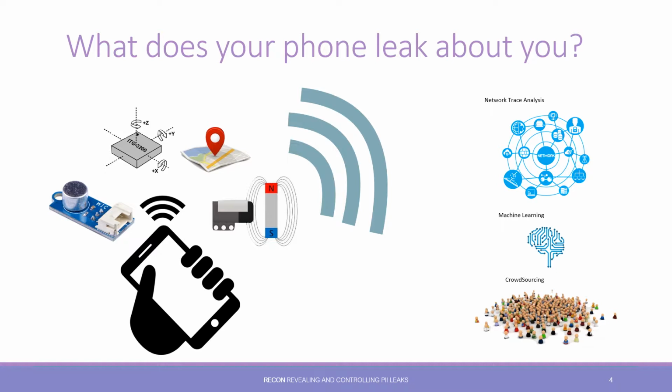Last, we use crowdsourcing. So we ask users to participate in the system and give us feedback as to whether our machine learning classifiers are doing a good job. If they are, and users tell us that they're correct, we can use this information to improve them, not just for those users, but for all users of our system.